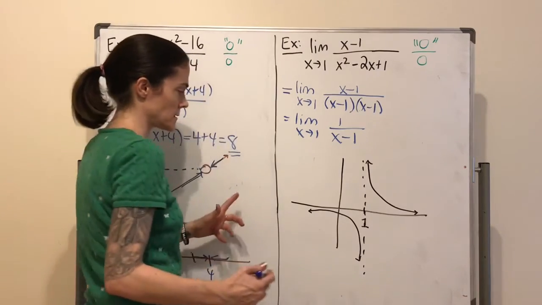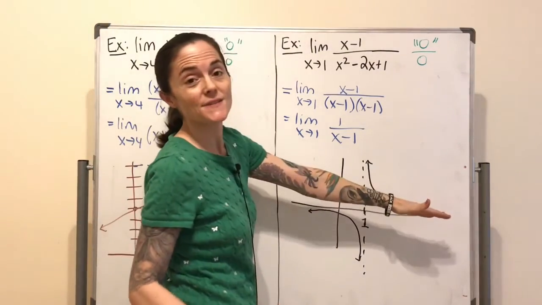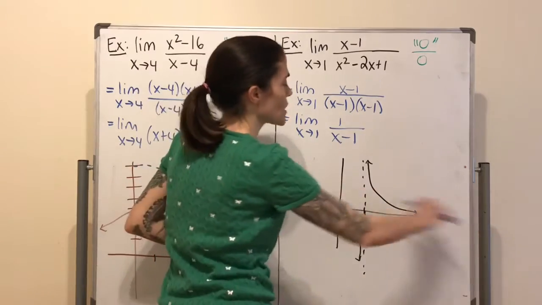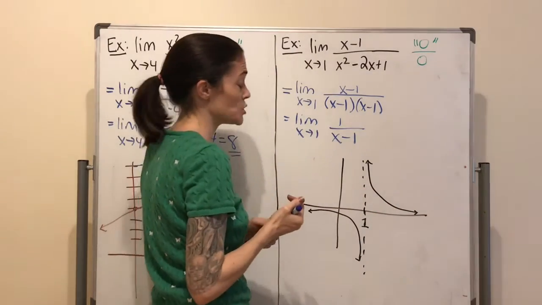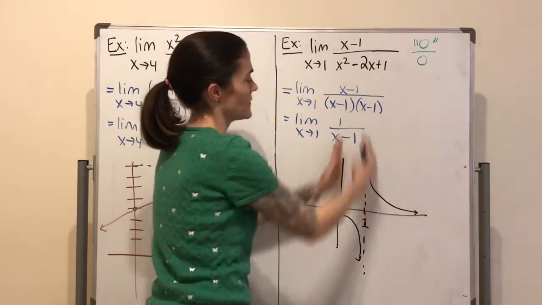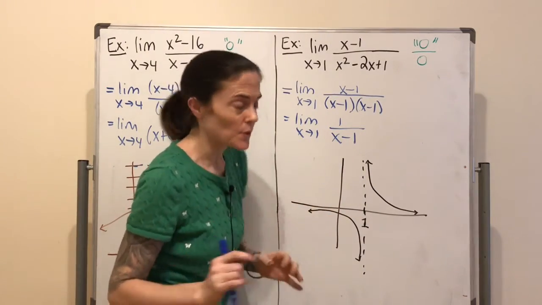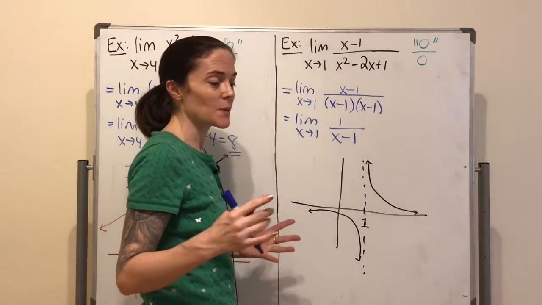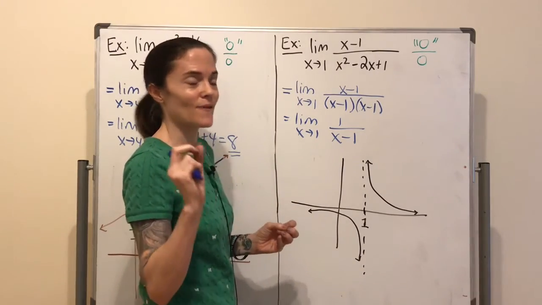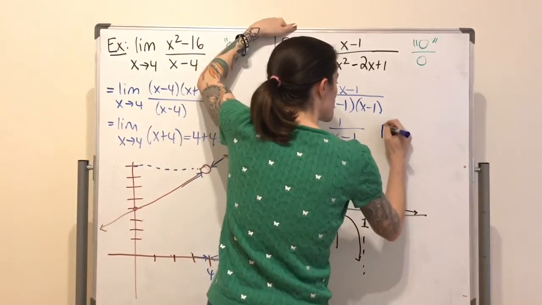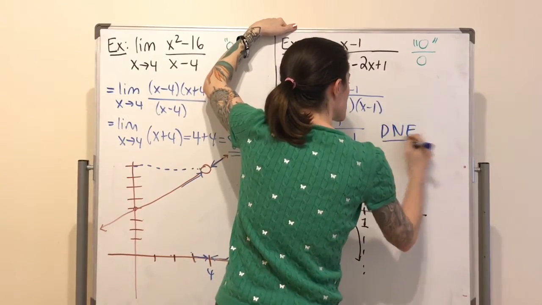If you come in from the left, it goes down to minus infinity. If you come in from the right, it goes up to plus infinity. But even if they were both going to infinity, as we saw in that example, the limit wouldn't exist because we consider limits to be finite numbers. So this limit does not exist.